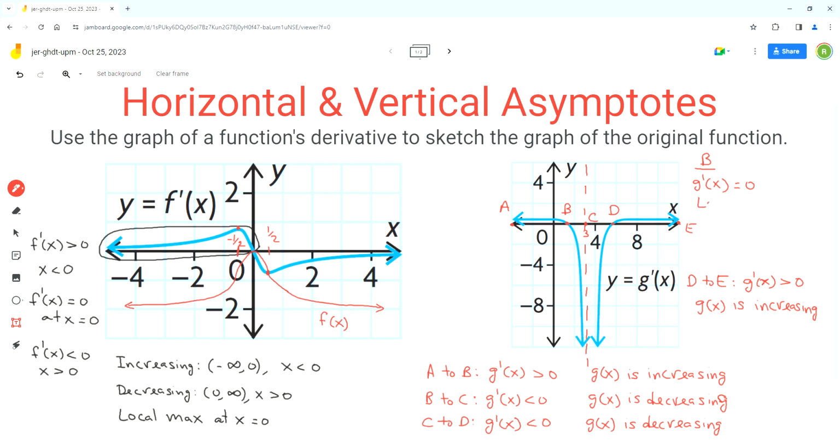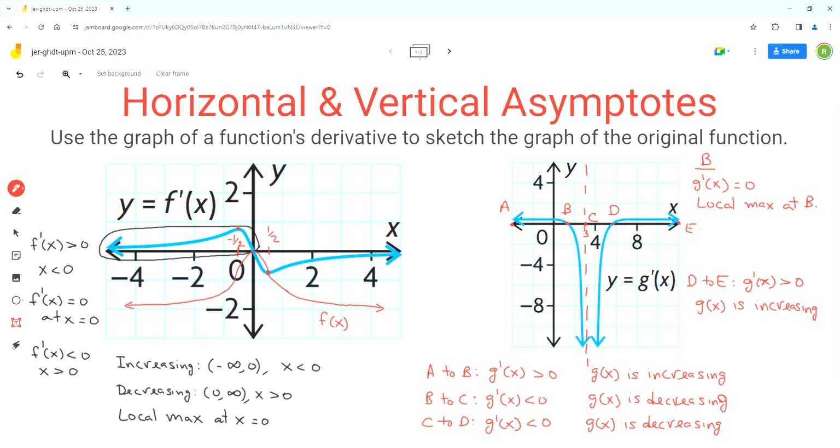That means there is a local max at B. I don't know what the x value is at point B. So that's why I've labeled these points A, B, C, D, and E to make the analysis easier to understand.